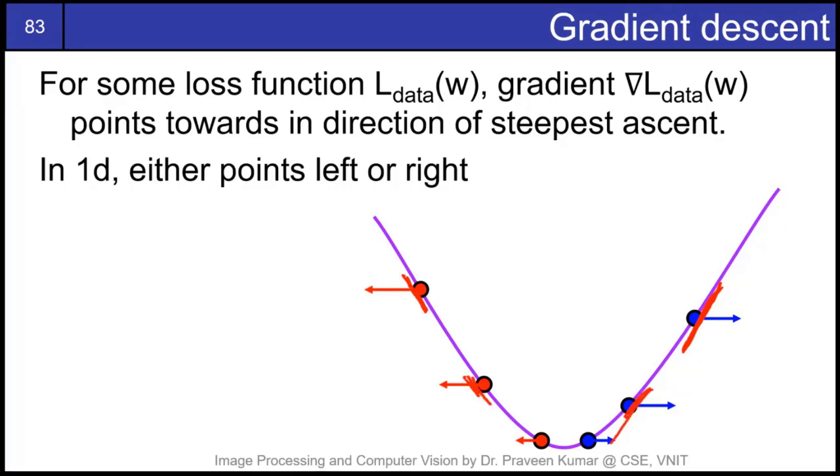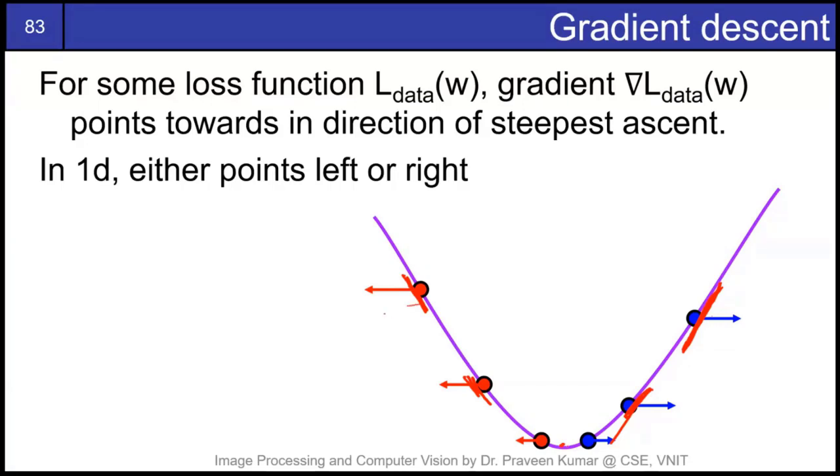If you want to move towards the minima, from any point you should move in the opposite direction of the gradient. The gradient is positive here, so you take the negative of that to move towards the minima.